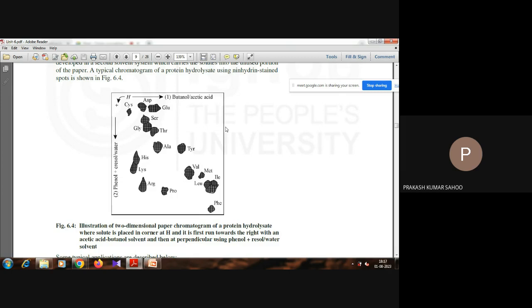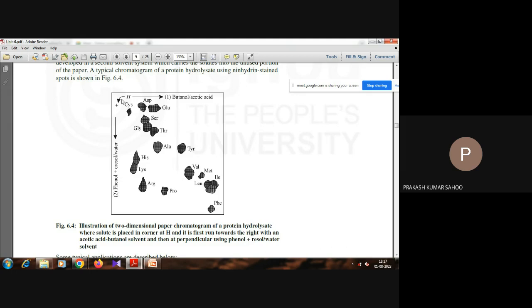Just see this diagram. In this diagram, a square paper of 30 by 30 centimeter is taken and a sample is spotted at one corner of the sheet, here.